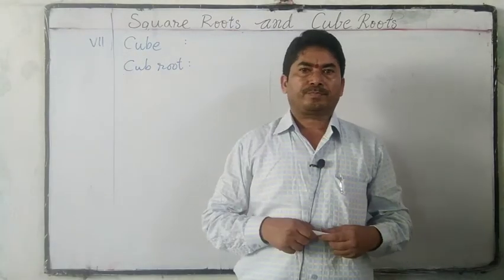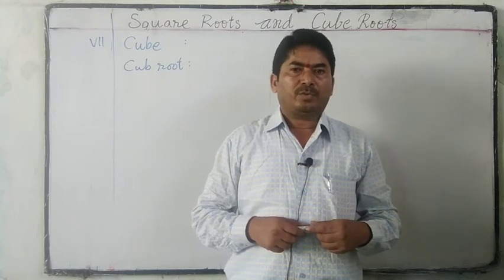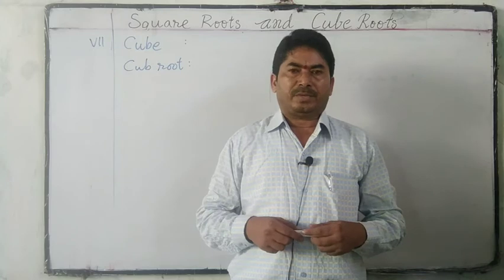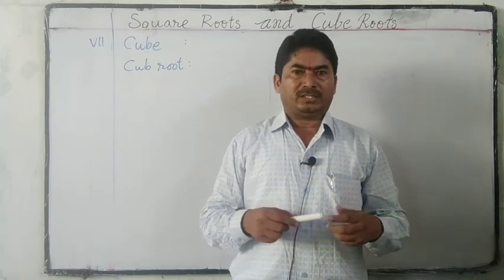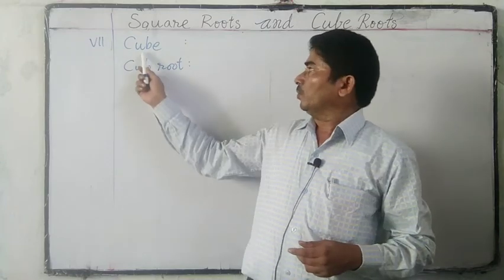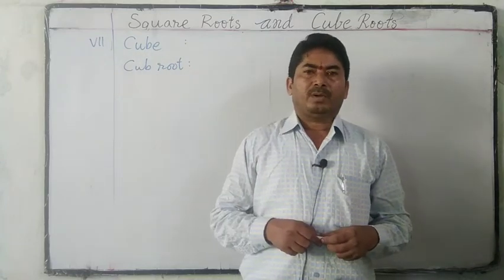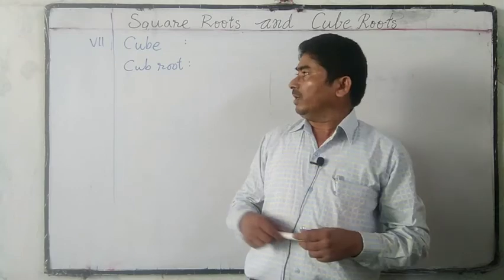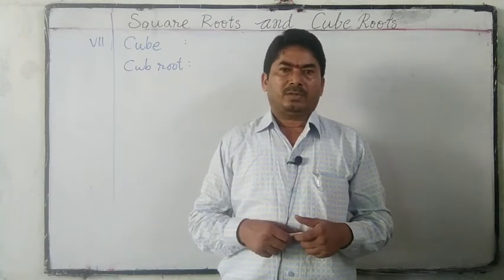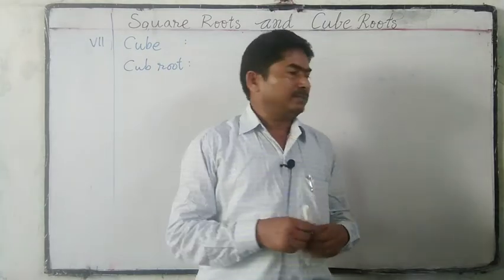Cube root. First, cube. What is a cube? If an integer is multiplied thrice by itself, then the product is said to be the cube of that number, and the number is called the cube root of that product. Let us observe to understand this.